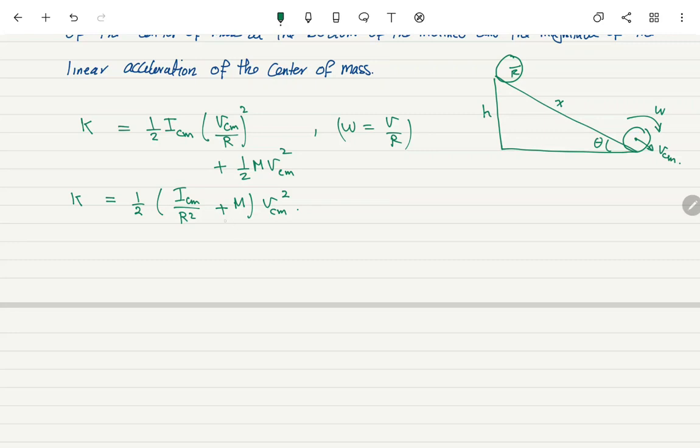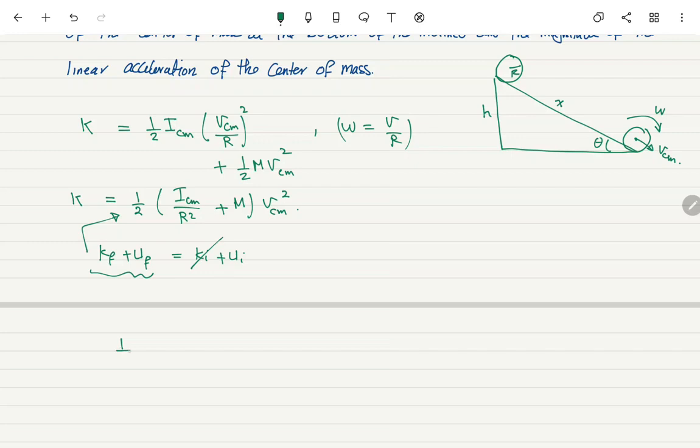Now this one here is actually at the bottom of the inclined surface. At the top of the inclined surface, we only have potential energy, no kinetic energy whatsoever. In this case here, the K final plus U final equal to K initial plus U initial. Now this part here, we just calculated this from this one here, and no kinetic energy at the beginning of the motion. So the only energy we have here is the potential energy.